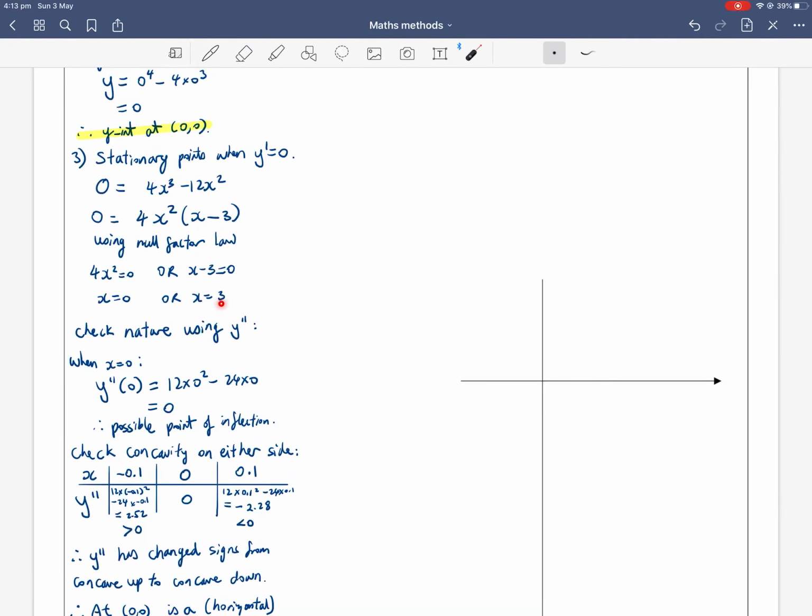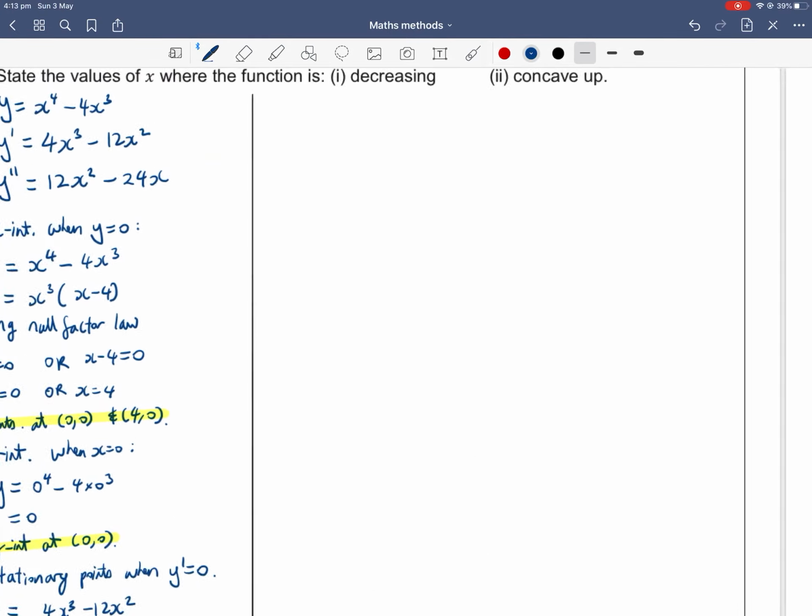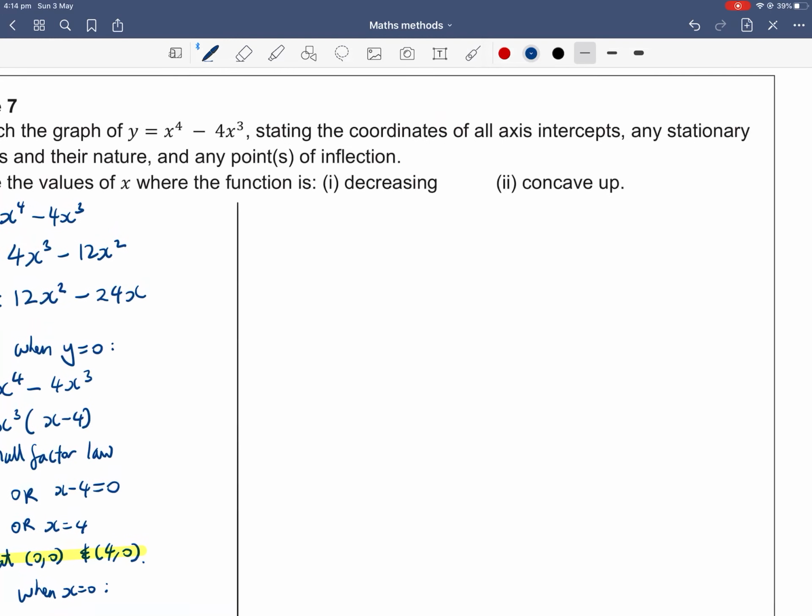We now need to work out what the nature is of the other stationary point when x equals 3. So let me just draw a border so I can have a bit more space. There we go. Okay. So we're still at point number 3, working on the stationary points. We're still checking the nature.